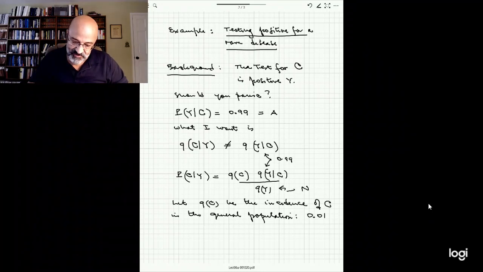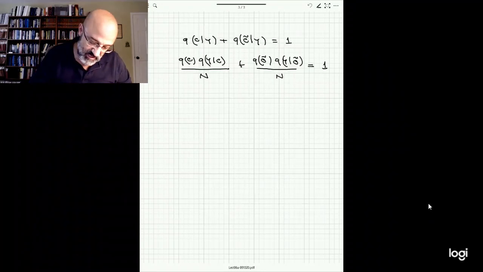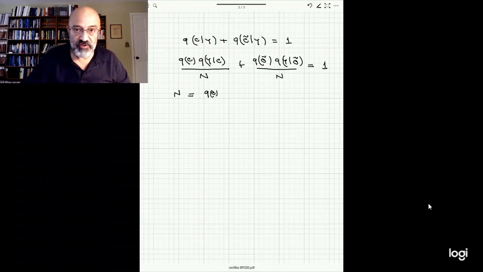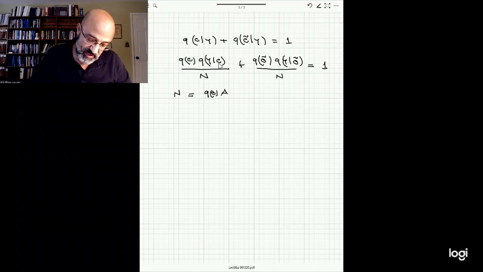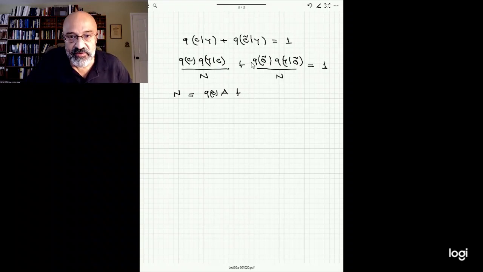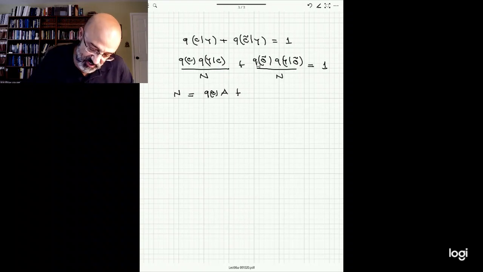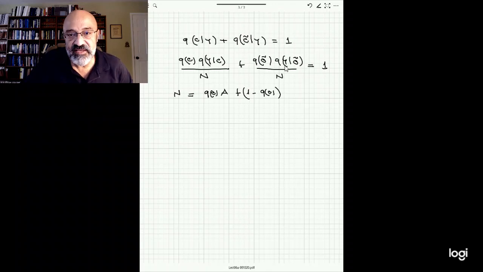And you see what the normalization is, right? The normalization is the Q(Y) that appears there. So what this is telling us is that the normalization is going to be equal to Q(C) multiplied by this rate, the probability of true positives, which is A, plus the probability of not cancer in the general population. So this is 1 minus Q(C). And then this is the probability that if you do not have cancer, you still test positive.